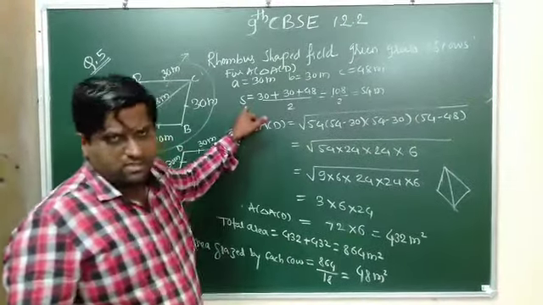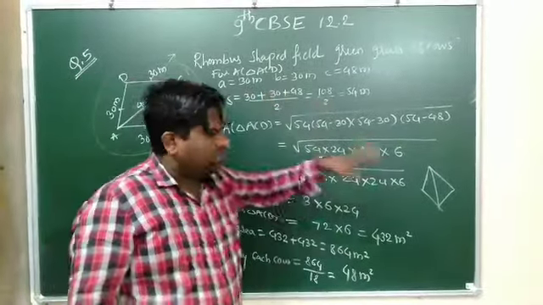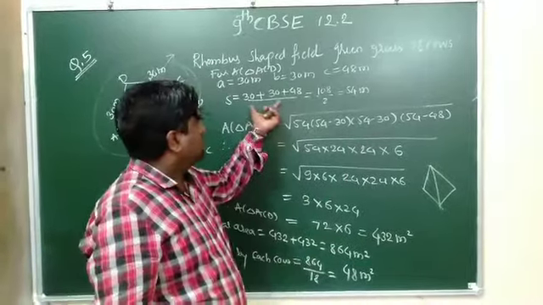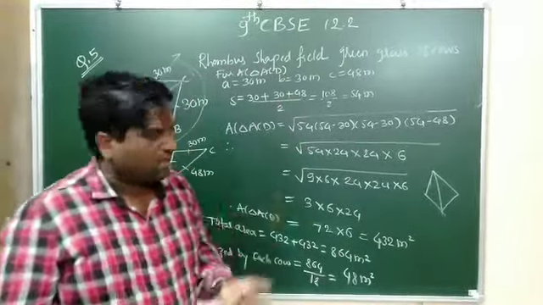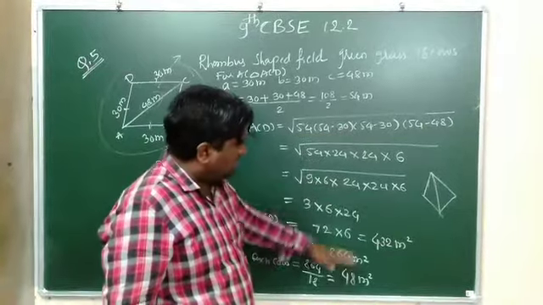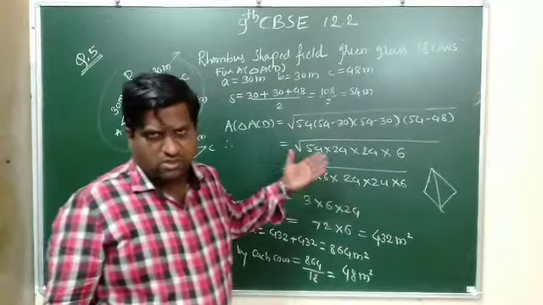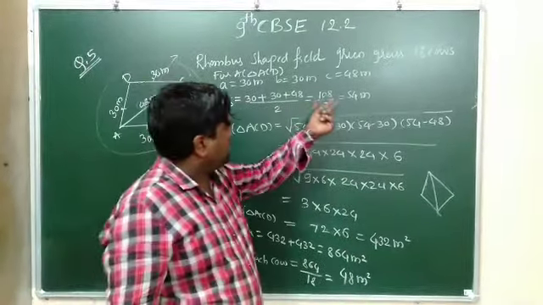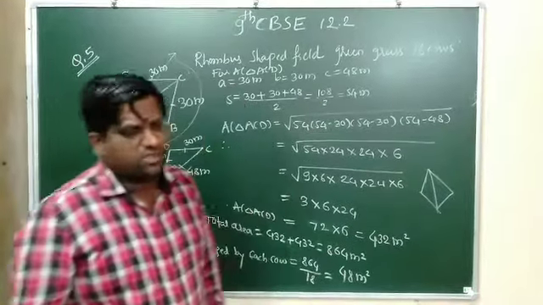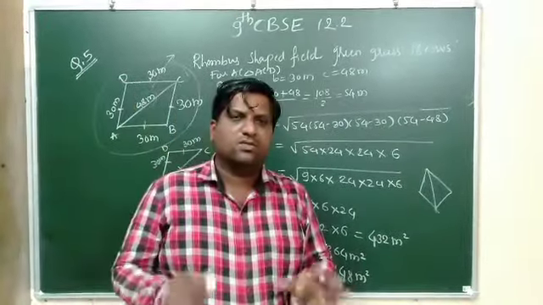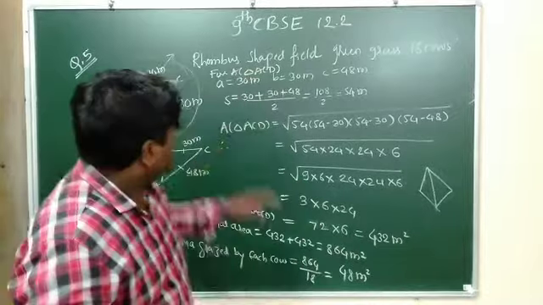So let us find the semi-perimeter: (A plus B plus C) divided by 2. I am avoiding the steps here to cover the full example in one shot. So 108 by 2, that is 54 meter. This is the semi-perimeter.